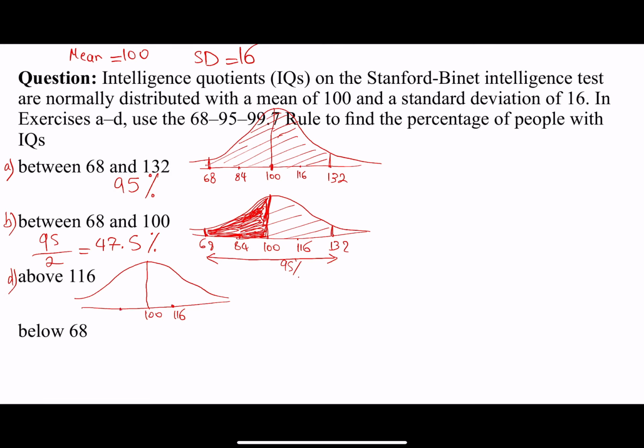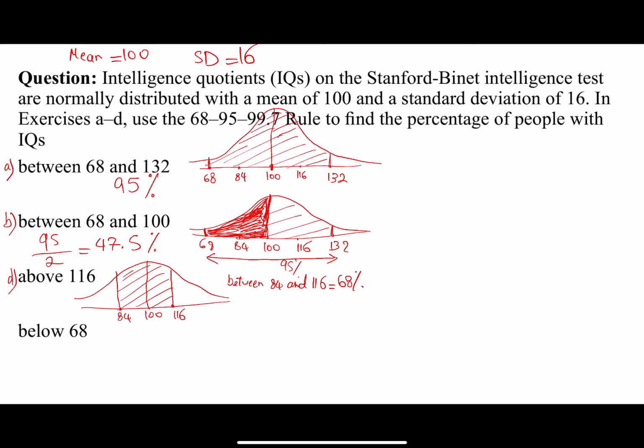So one standard deviation to the left, 100 minus 16 is 84. So between 84 and 116, we have 68%.